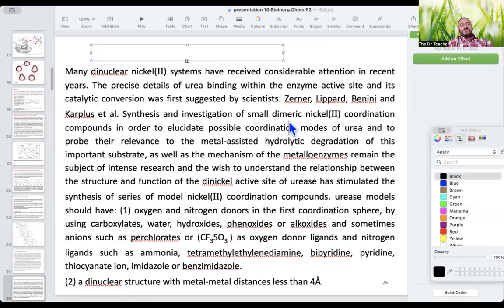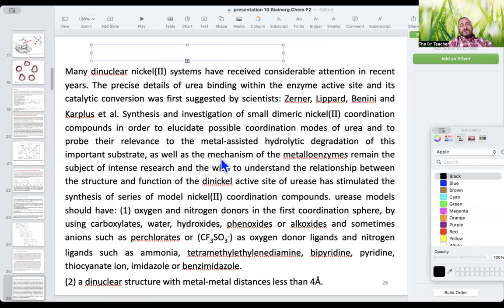Synthesis and investigation of small dimeric nickel 2 coordination compounds in order to elucidate possible coordination modes of urea and to probe their relevance to the metal-assisted hydrolytic degradation of this important substrate.